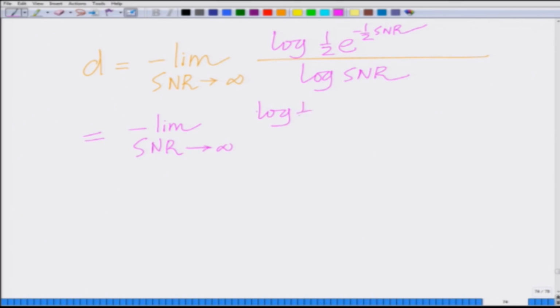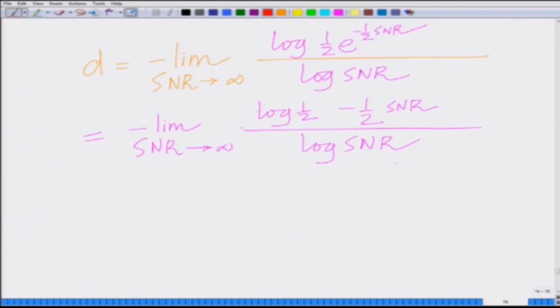which is minus limit SNR tending to infinity, log of half minus half SNR. Consider the logarithm to base e, log of e to the power of minus half SNR is minus half SNR divided by log of SNR. Now, this quantity log half is a constant.